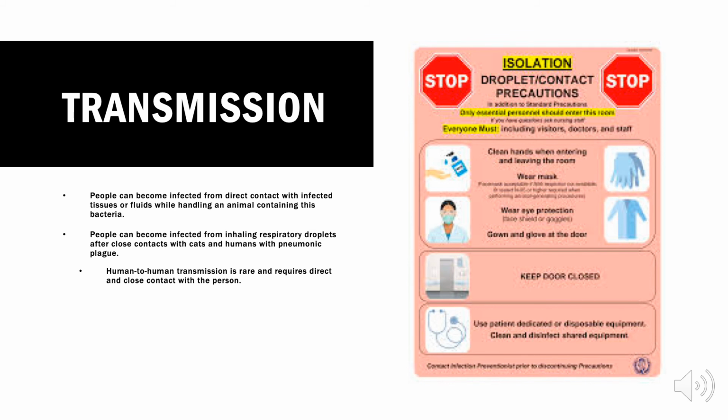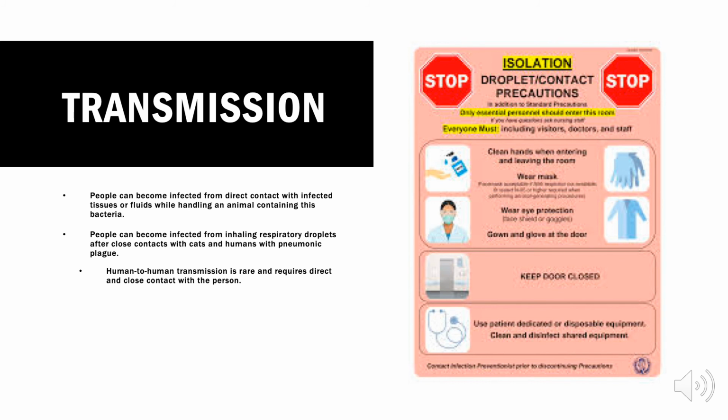So while in the healthcare setting, isolation precautions such as droplet contact will be used, which really just includes mask, gloves, hand hygiene, similar to what's used for COVID-19. Except you can use a regular surgical mask and you don't have to use a N95 respirator.